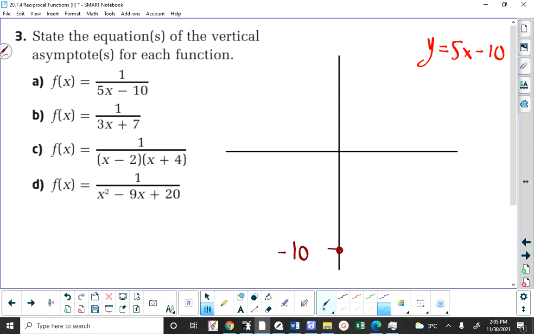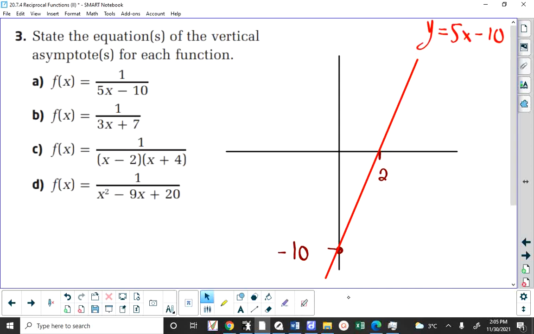It would have a slope of 5, so it would be going over 1, up 5, over 1, up 5, which means, everybody, by the time it reached the x-axis, it will cross at 2. You should know the x-intercept is 2, because if you take this function and set y equal to 0 and solve to find the x-intercept, you're going to get 2. So that's what the original function looks like.